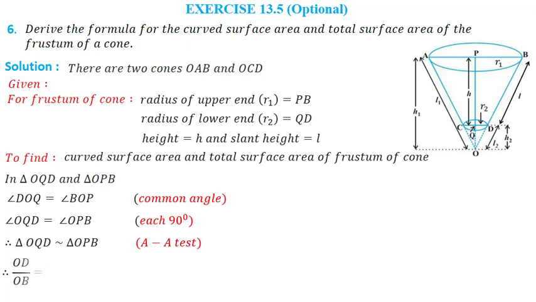As the triangles are similar, their corresponding sides are in ratio. So we say that OD upon OB, the slant length OD upon the complete length OB, will be equal to QD upon PB, right? They are the corresponding parts of similar triangles.